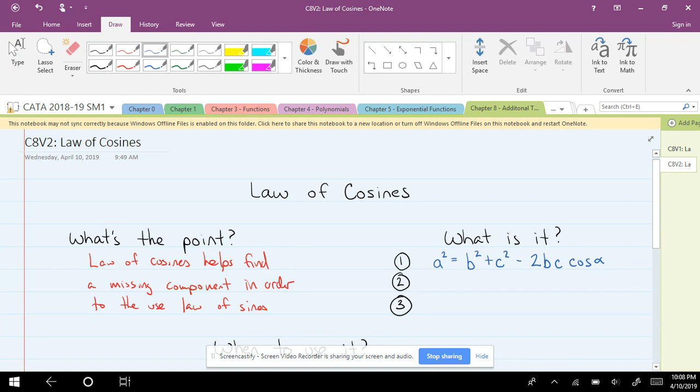And then the variations would look like this: b squared equals a squared plus c squared minus 2ac cosine beta, and c squared equals a squared plus b squared minus 2ab cosine gamma.